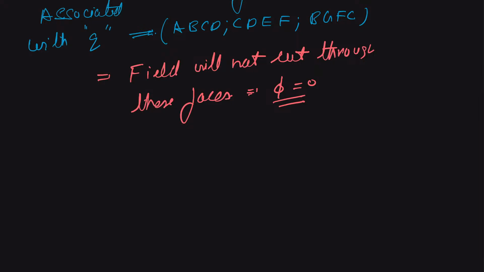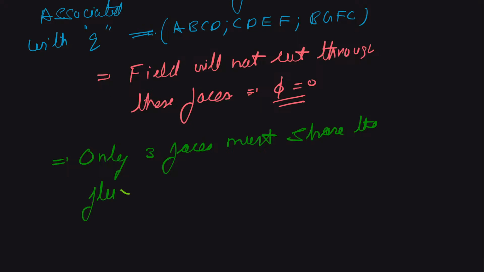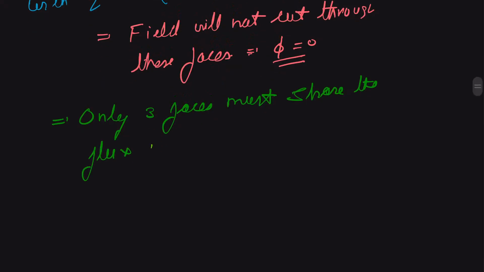So it means that only three faces must share the flux, and that flux is our phi of s, which was q upon 8 epsilon naught.